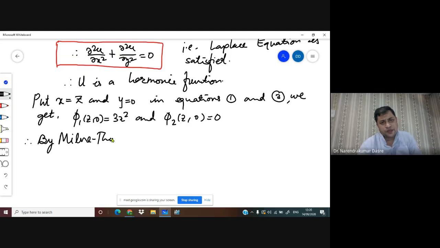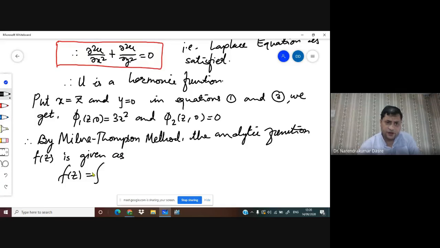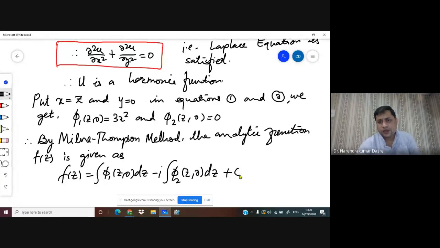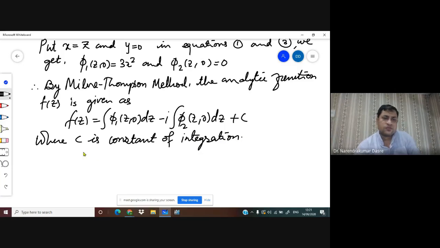By the Milne-Thompson method, the analytic function f of z is given as: f of z is equal to the integral of phi 1 of z, 0 dz minus i times the integral of phi 2 of z, 0 dz plus c, where c is the constant of integration.